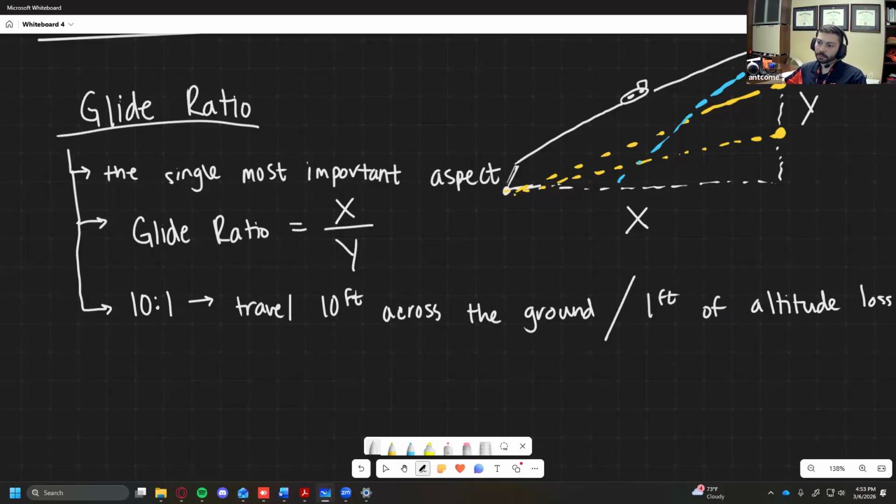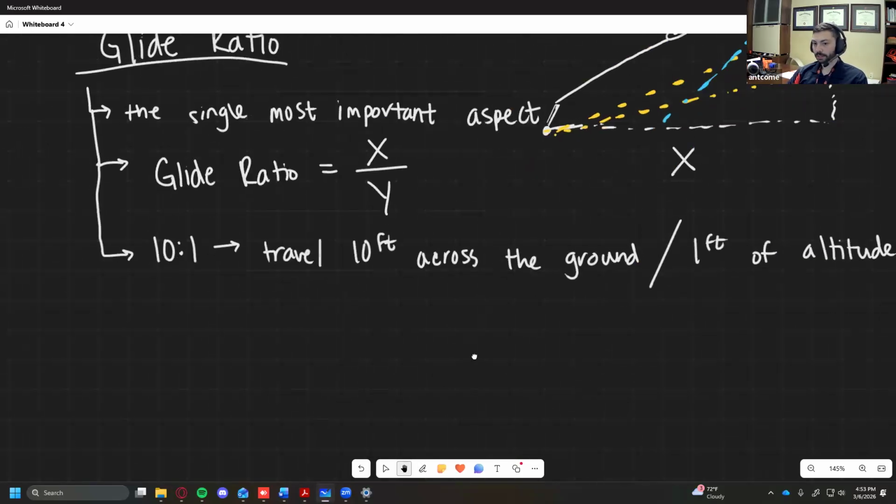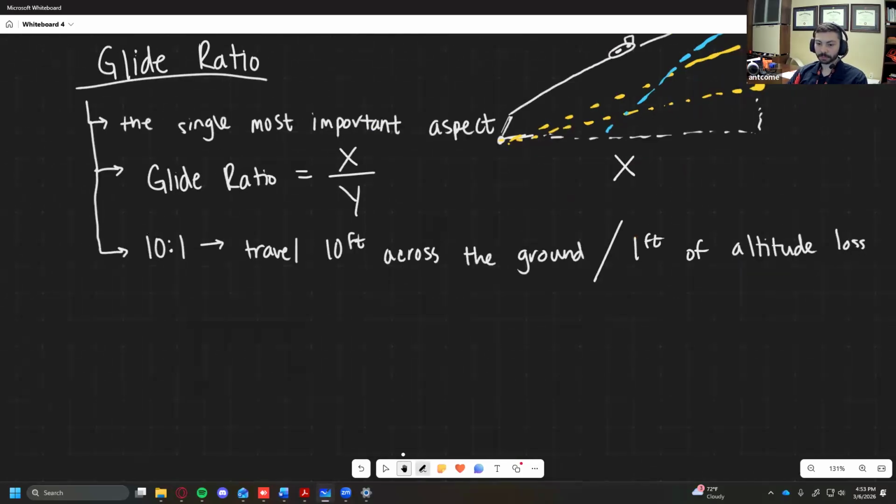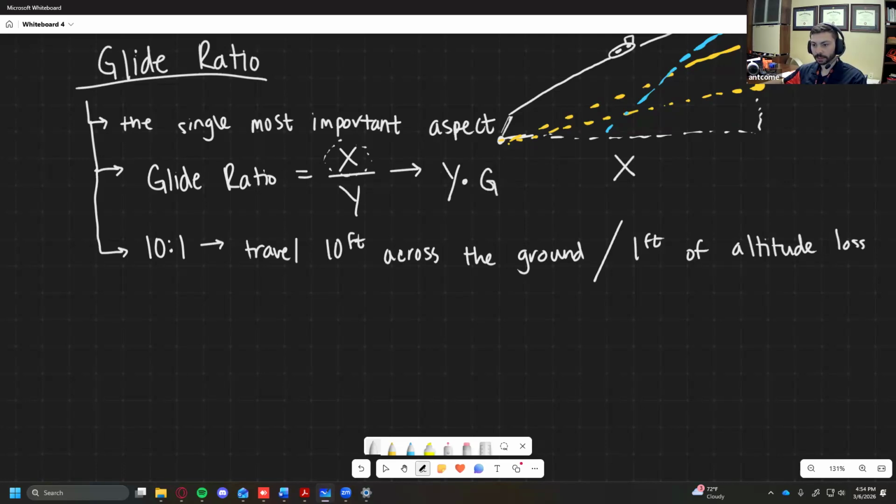So if you threw your glider 1 foot, you could theoretically go 10 feet in front of you. So pretty obviously, you want to have the highest glide ratio possible. And another thing is this distance that you traveled, X, is just the height that you started with times your glide ratio.